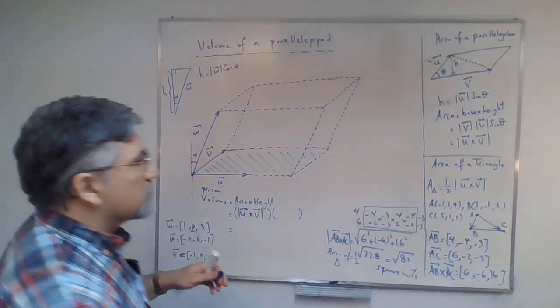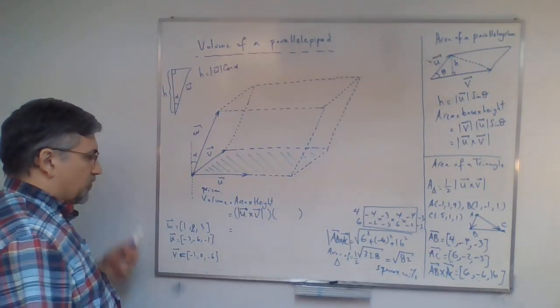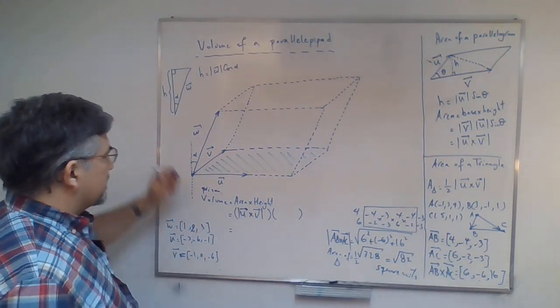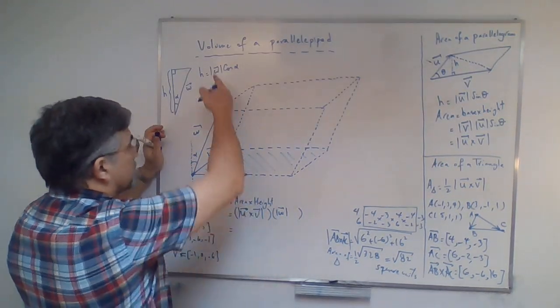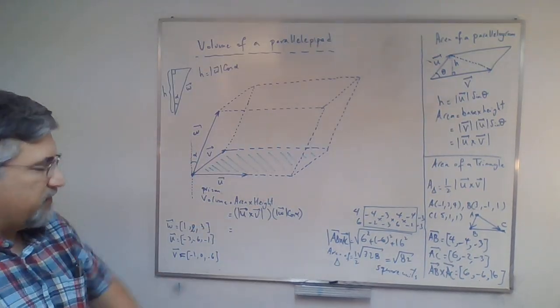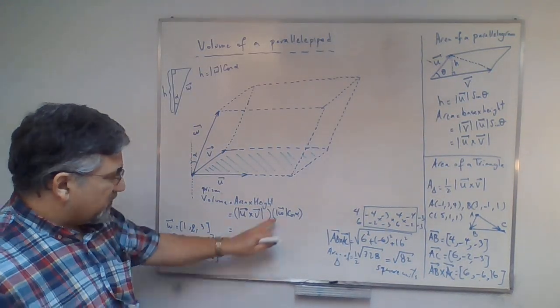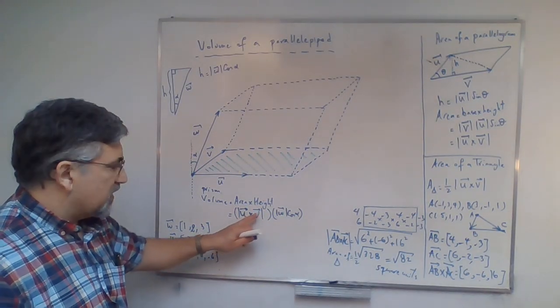Yes, so it's the magnitude of u cross v, and then we multiply this by the height, which is the magnitude of w times cos alpha. So this is what we end up with so far. Now we have one vector times another vector, magnitudes of those vectors, times cos alpha.